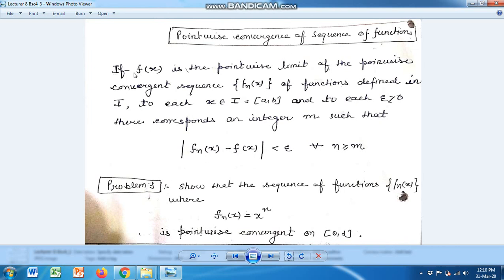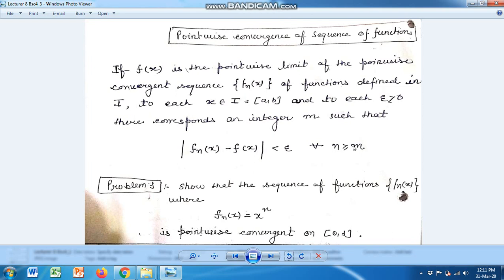So, if f(x) is the pointwise limit of the pointwise convergent sequence f_n(x) of functions defined in interval capital I, to each x belonging to the closed interval [a, b] and to each epsilon greater than 0 there corresponds an integer, say small m, such that mod of f_n(x) minus f(x) is strictly less than epsilon for all n greater than or equal to m.